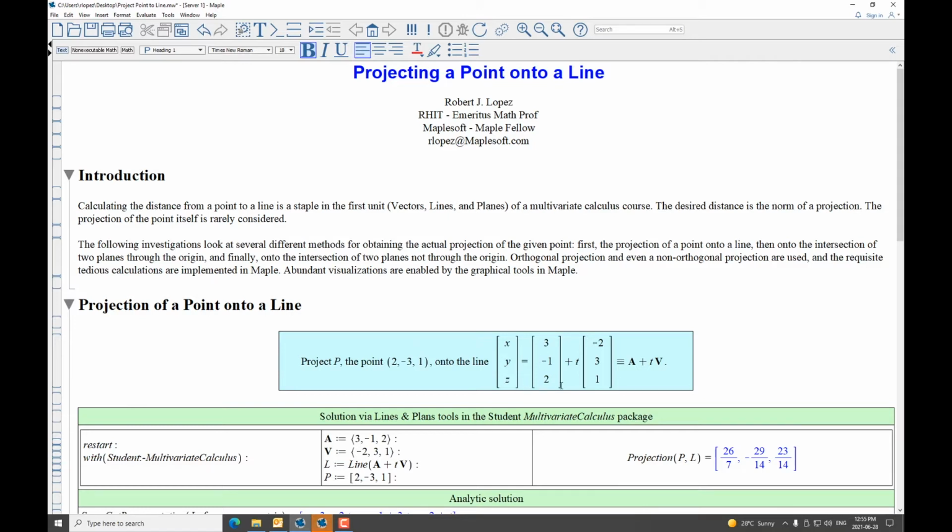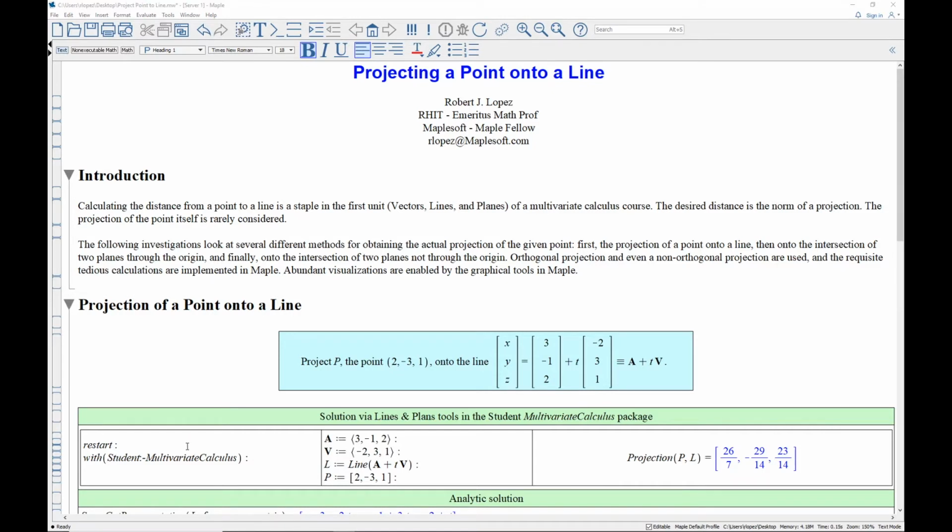This is the vector A. This is the direction of the line, so that's vector V, and this is a point represented as a position vector. So here's our first solution. We'll work in the Student Multivariate Calculus package, and we'll make use of some of the lines and planes tools in that package.